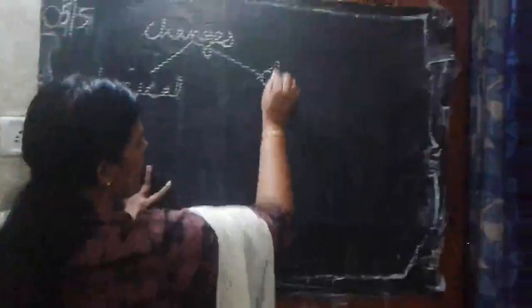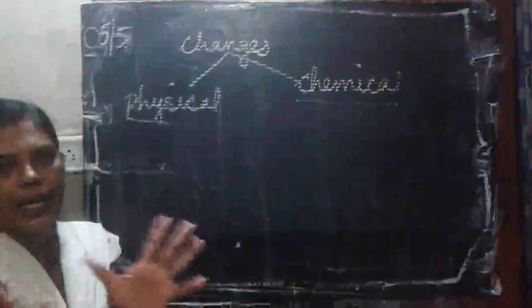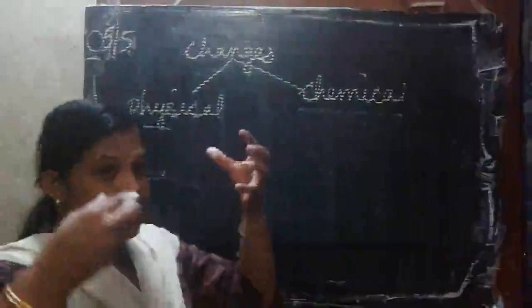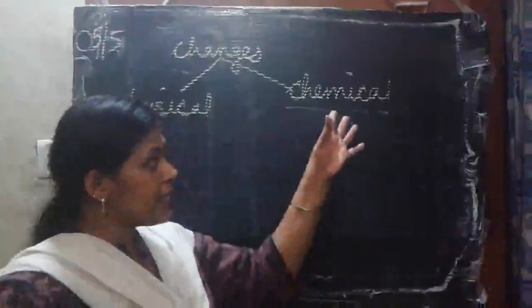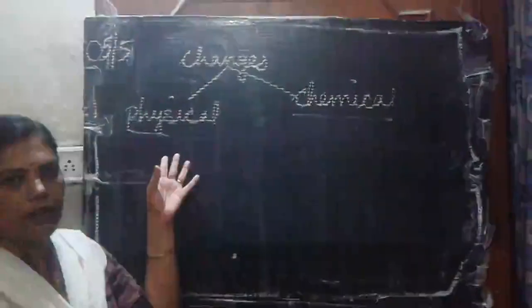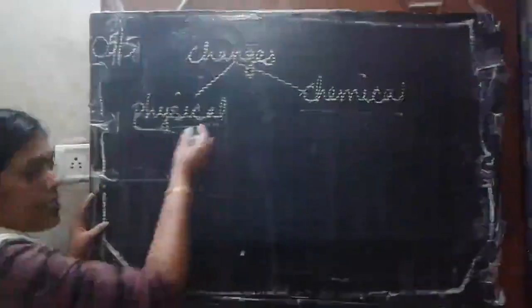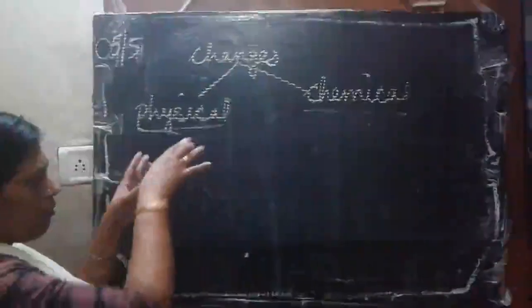Of these, one is physical change and another is chemical change. Physical refers to its appearance, and chemical refers to the composition of the substance. So chemical is internal and physical is external. Understood? Physical is the appearance of the body.